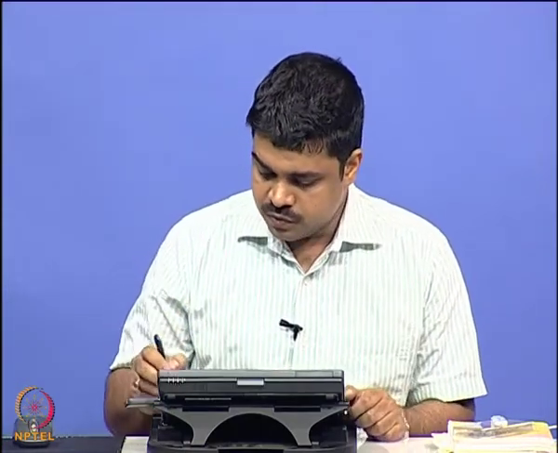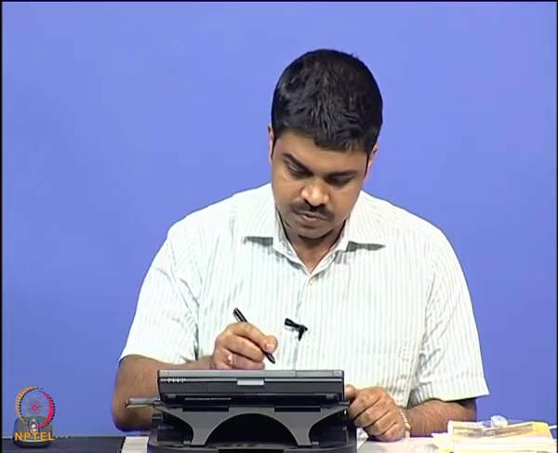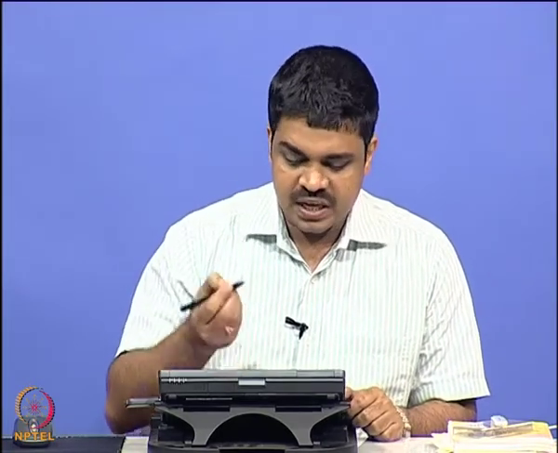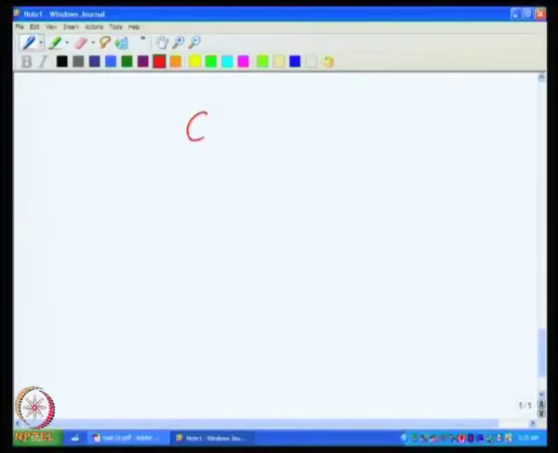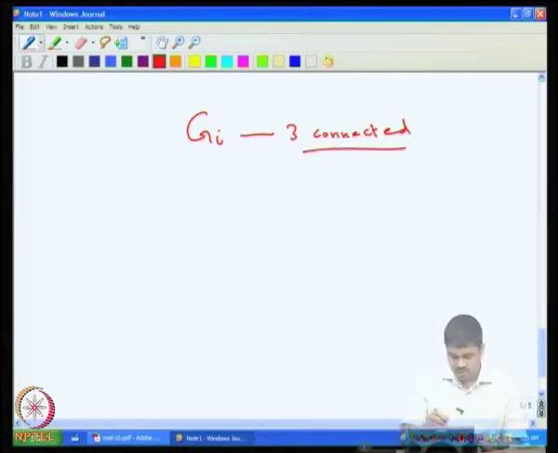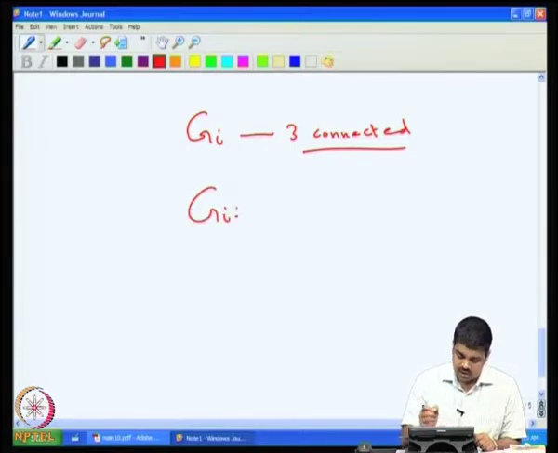So if you want to rigorously prove that, take any graph, say some Gi. Currently we have a graph, let this be 3 connected. That means the minimum separator cardinality is 3 or more. Now we found a graph Gi and Gi plus 1.